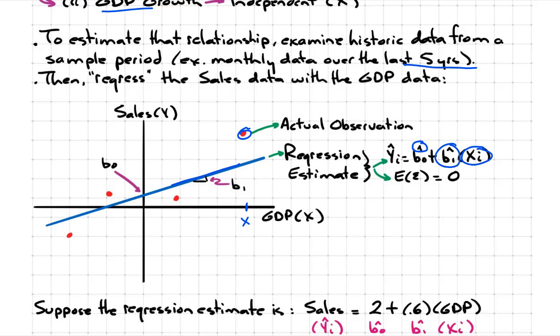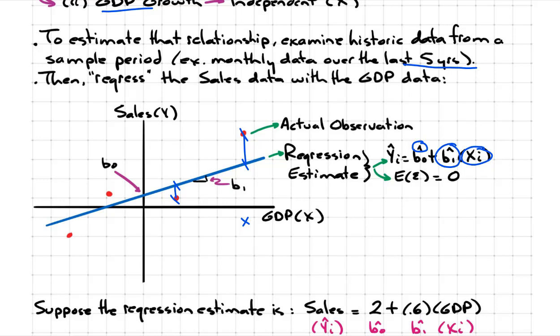Now, the regression represents the average relationship between sales and GDP. It's not always going to give you the exact number. As you can see here, when you draw a line of best fit, what you're going to get is errors. So see that? That's an error, because the regression line does not cut through it.